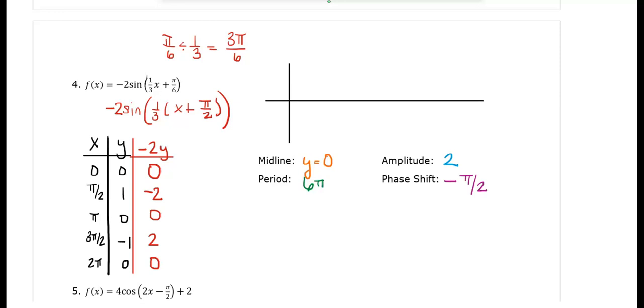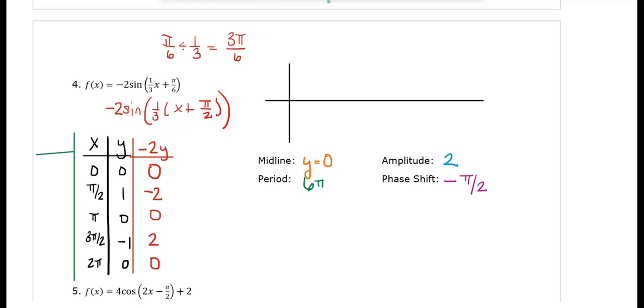Just like I'm not going to add pi over 2, I'm going to subtract pi over 2. So I'm doing the opposite. We can do this in 2 steps, and I think that might help some people, to not do it all at once. If you want to do it all at once, you're welcome to do that.